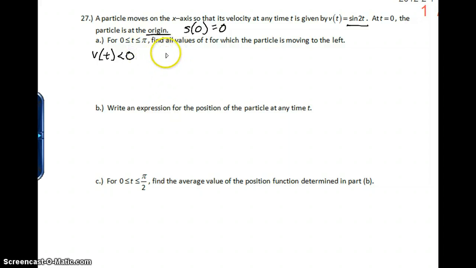So we already are given the velocity, so we will take the velocity function, sine of 2t, and set it equal to 0. Now, first thing we have to do is solve. So when is sine equal to 0? Sine is equal to 0 whenever the angle is 0, or pi, or 2 pi, or 3 pi, or so on. We could also write that as n pi.